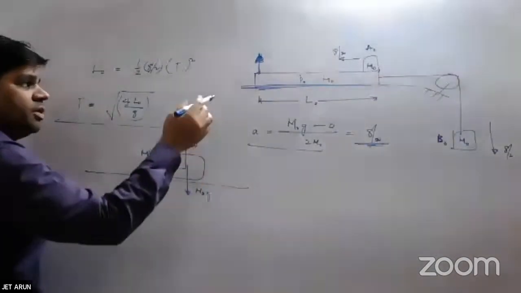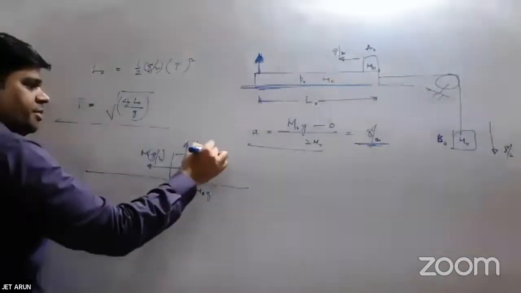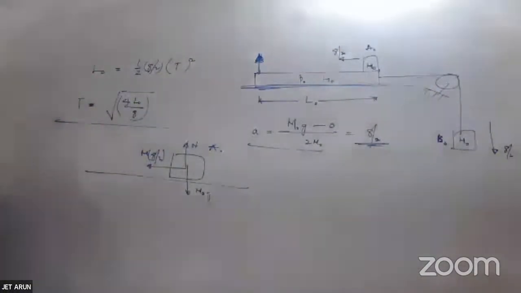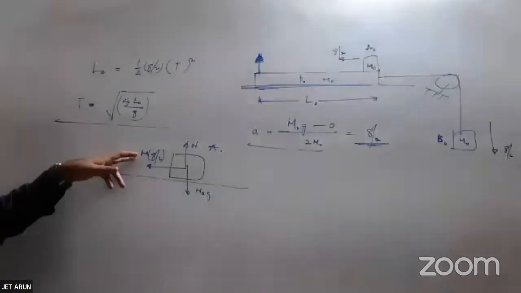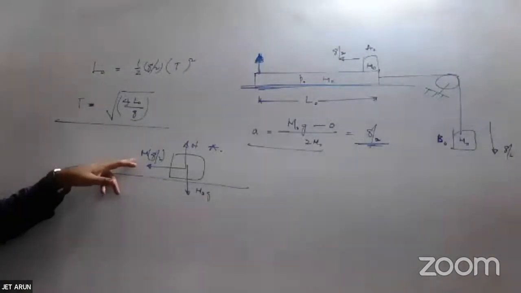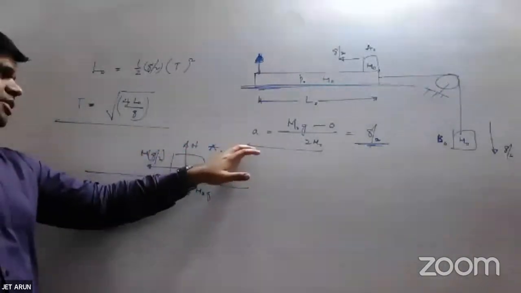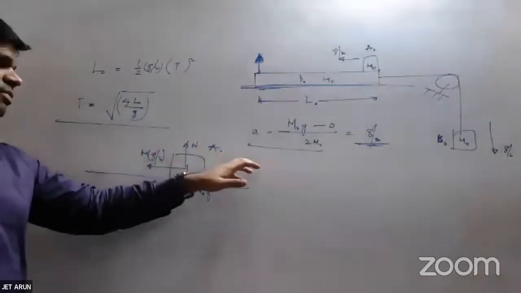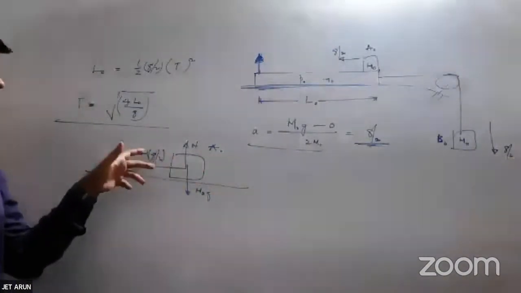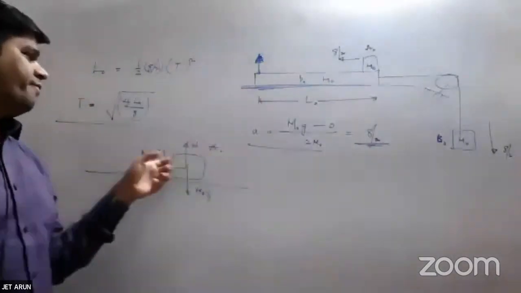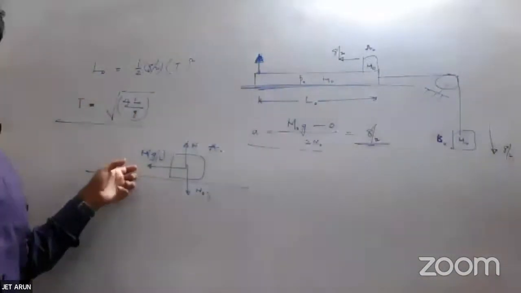So this is my FBD of the block A with respect to the plank. I have an unbalanced horizontal force, which results in an acceleration. Force is equal to mass into acceleration, so m into g/2 is equal to M into a, M gets cancelled out, and a is equal to g/2. So the acceleration of the particle with respect to the plank from this FBD is g/2.